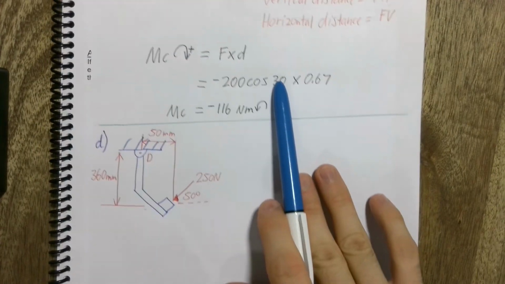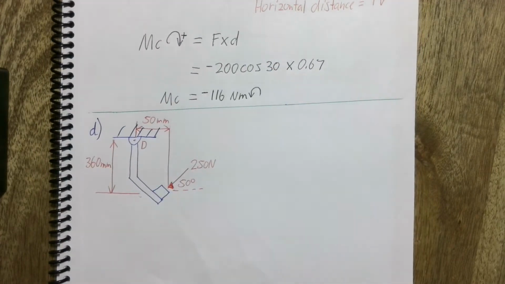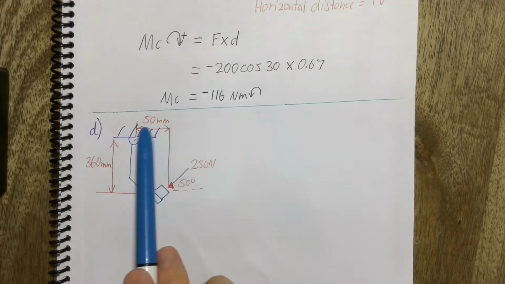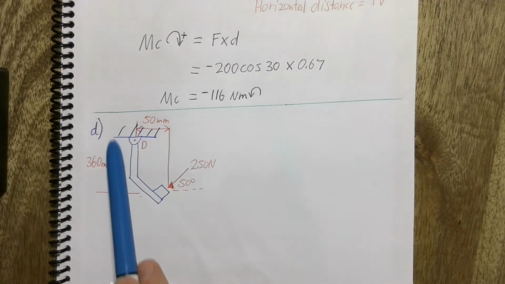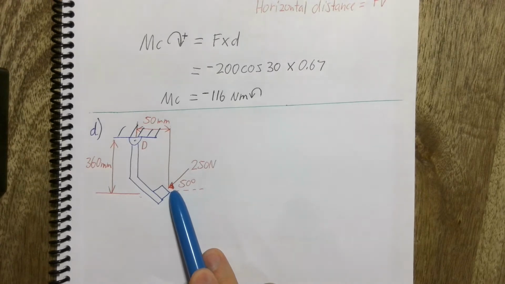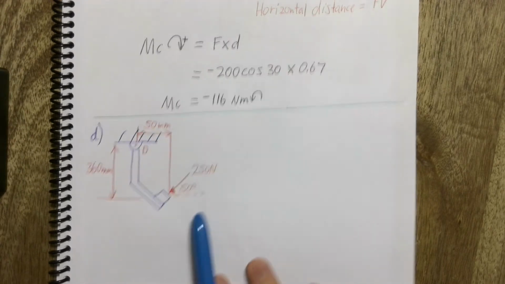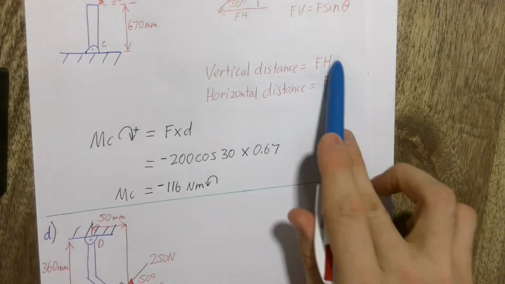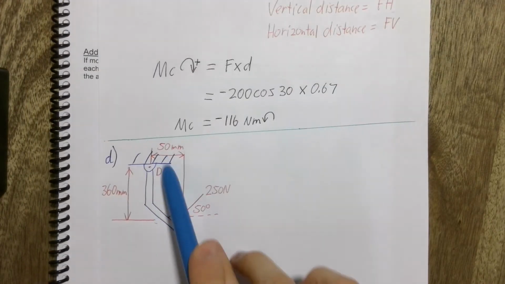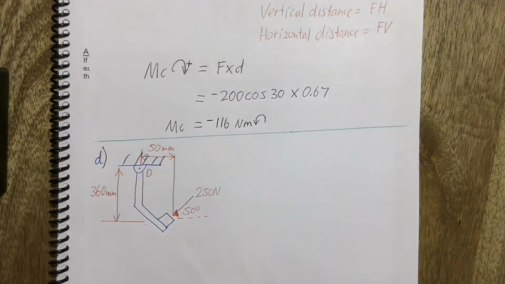Now if we go down to our problem in D, our problem in D gives us two directions. It gives us a horizontal distance and also a vertical distance. So it's essentially telling us that because this force is an angled force and we have two distances, we have to find a force horizontal and force vertical to find the moments around D.